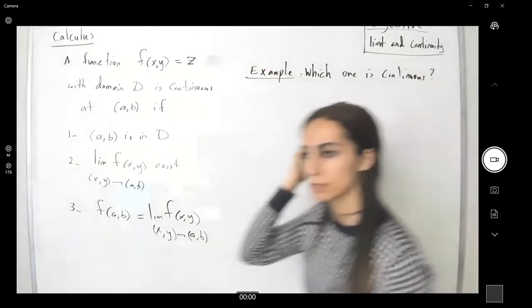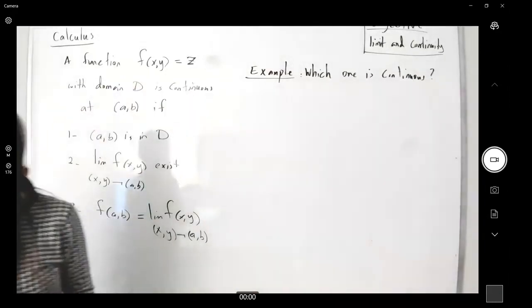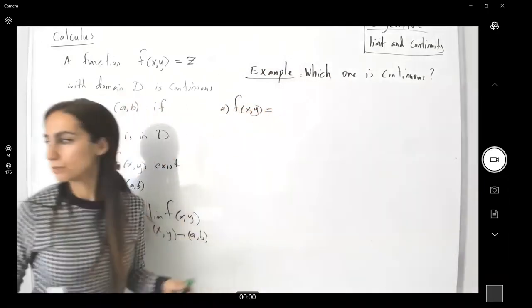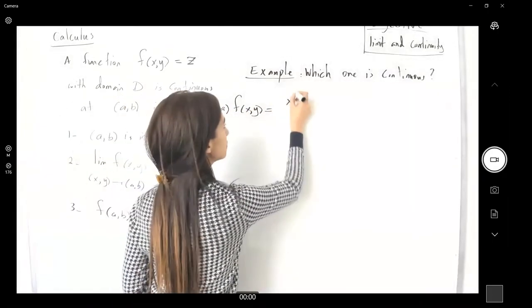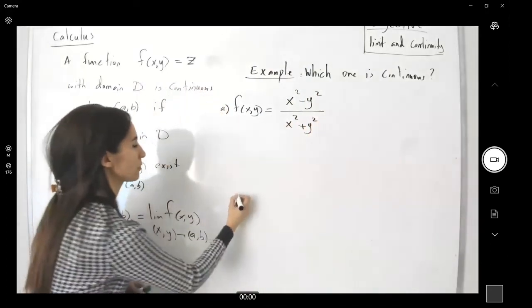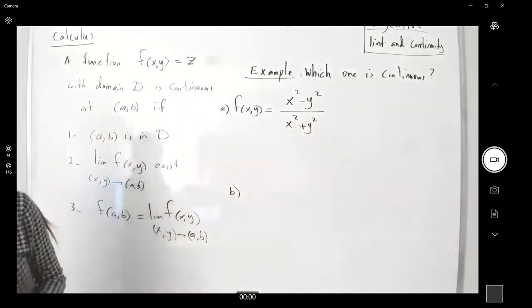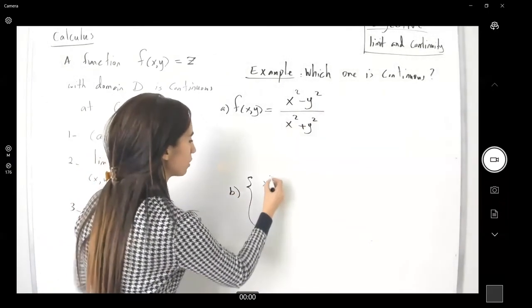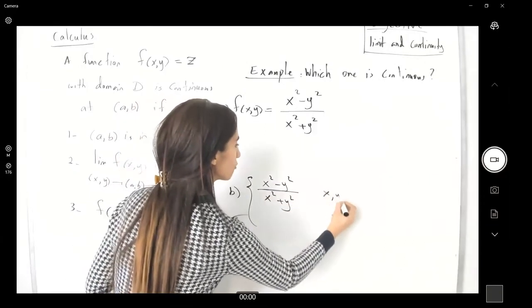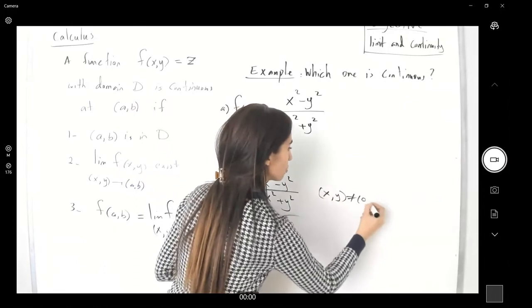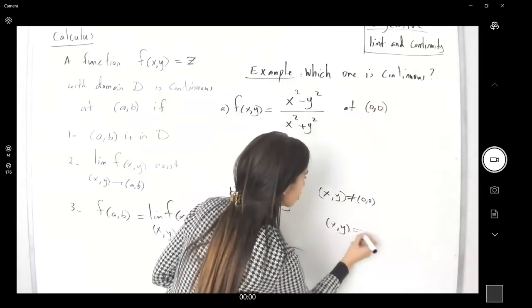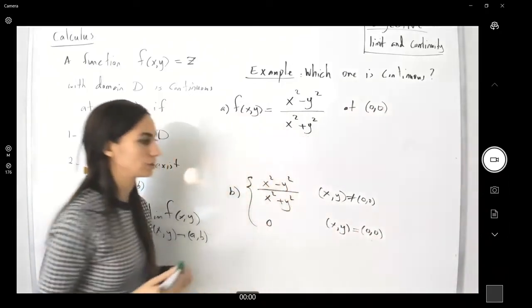The first one is f of x and y equals x squared minus y squared divided by x squared plus y squared. And the second one is a piecewise defined function: x squared minus y squared divided by x squared plus y squared if x and y is not equal to 0 and 0, and if x and y is equal to 0 and 0, the z value is equal to 0.